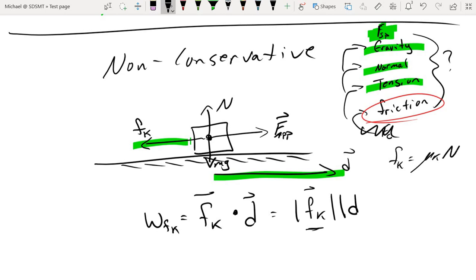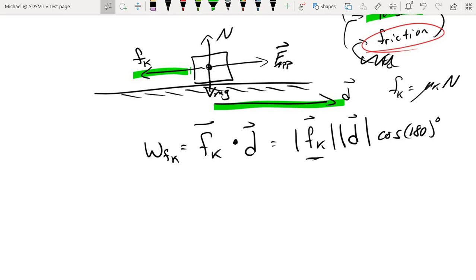I can define some value for the displacement, but then we have an angle of 180 between our friction force and our displacement. So long story short, we're getting work that is negative. Our friction force is working against us.